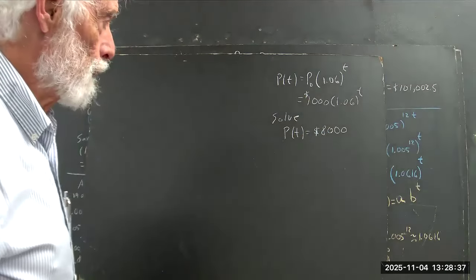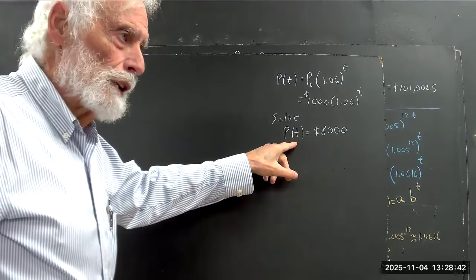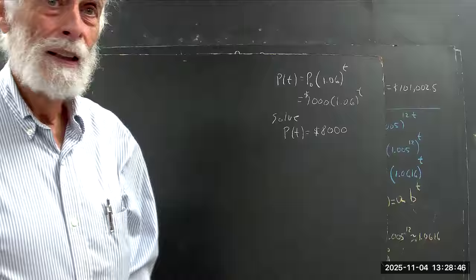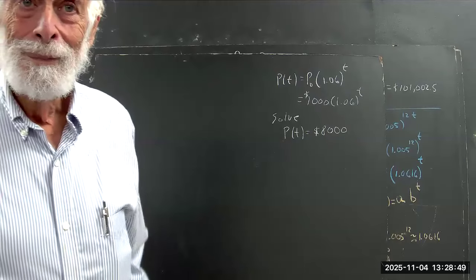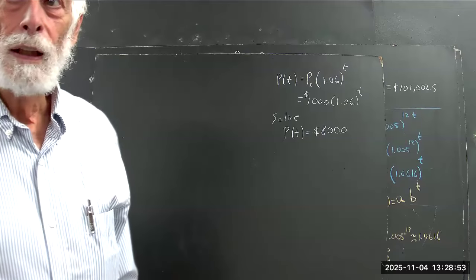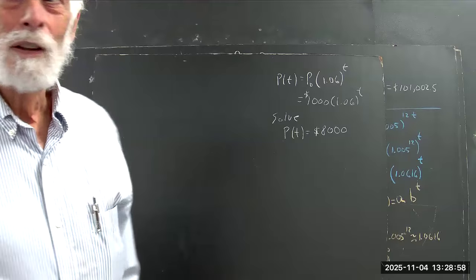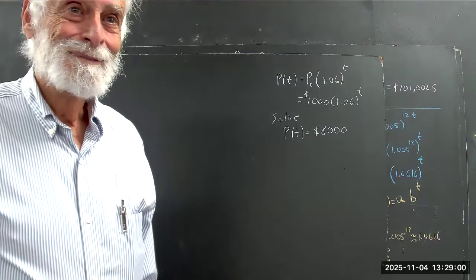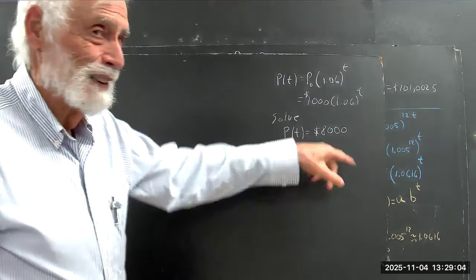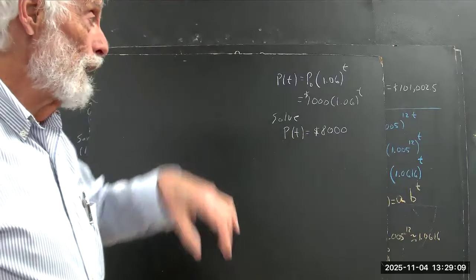Invest $1,000 at 6%. The solution to this equation tells you how much time has to pass before you have $8,000. Now, that's going to be most of a lifetime. P of t equals $8,000.